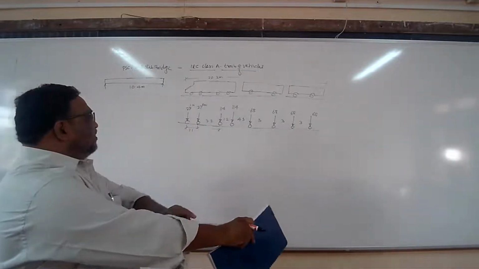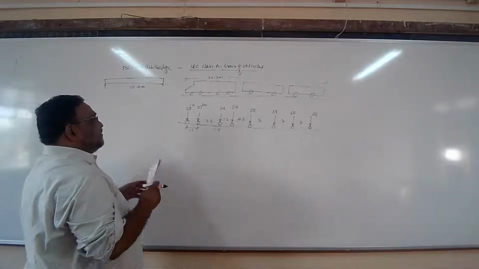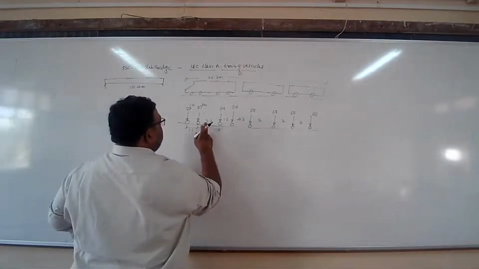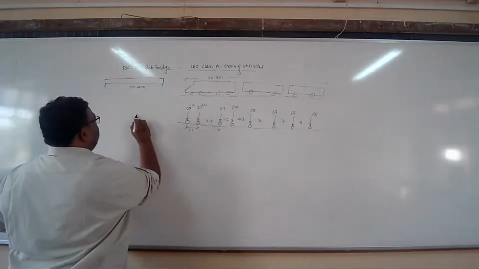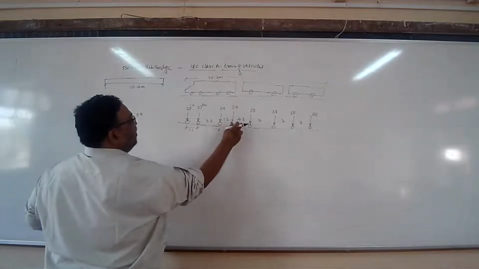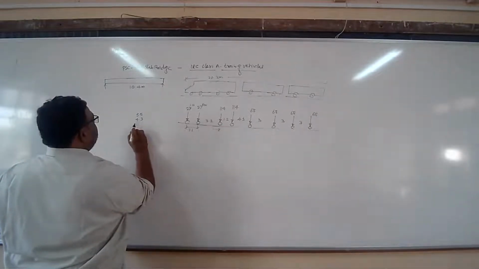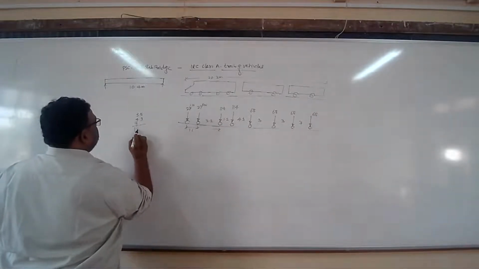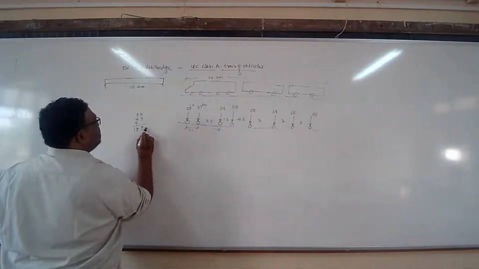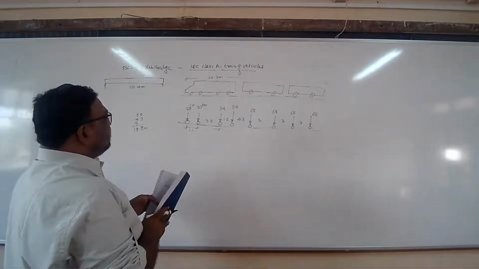Is it right? It was like this. It is 5.5 plus this 4.3 plus 9. So that was total 18.8 meters. Is that right?